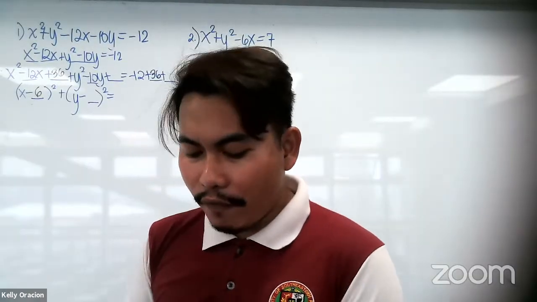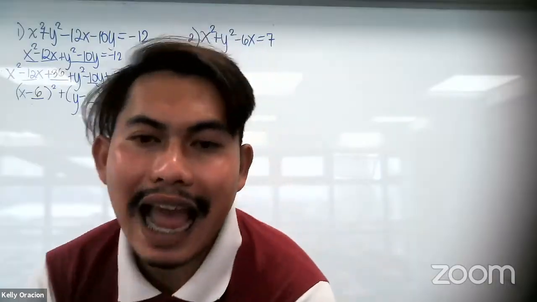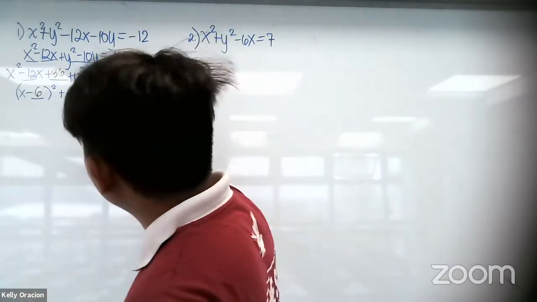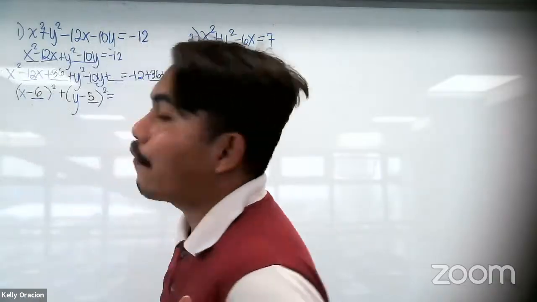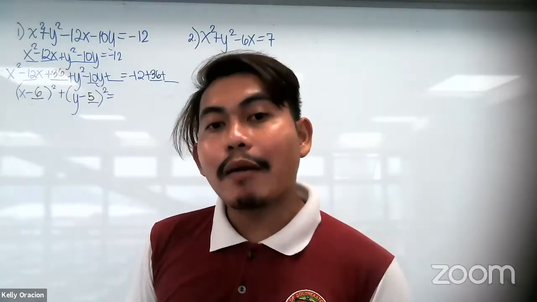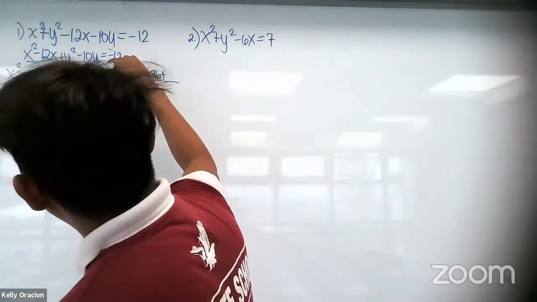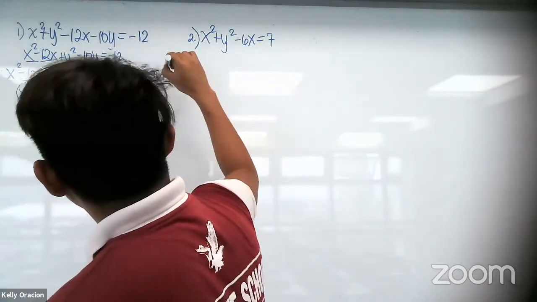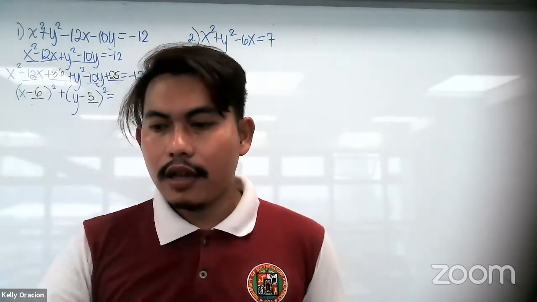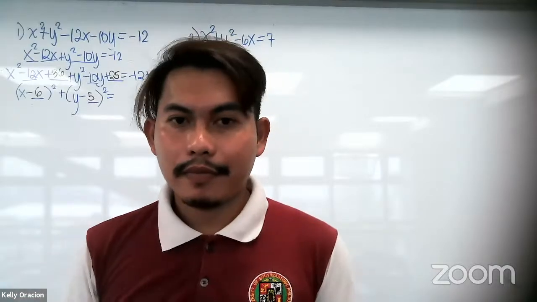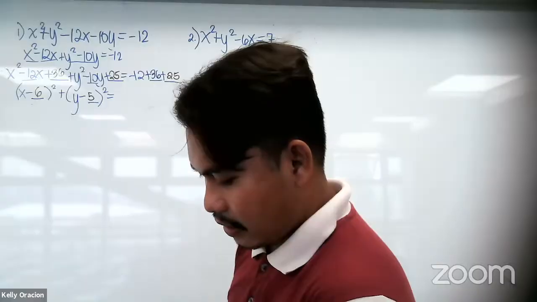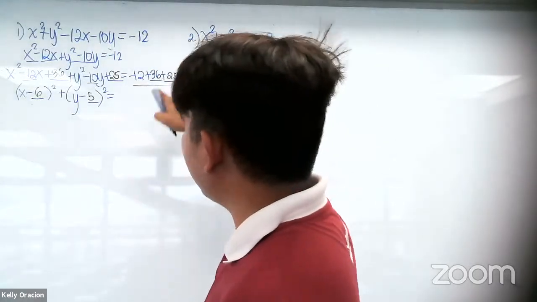Hindi 6 times 2. Next, the half of 10. What is the half of 10? The half of 10 is 5. 5 squared. 5 squared means 5 times 5. That's 25. Then after that one, simplify this one.